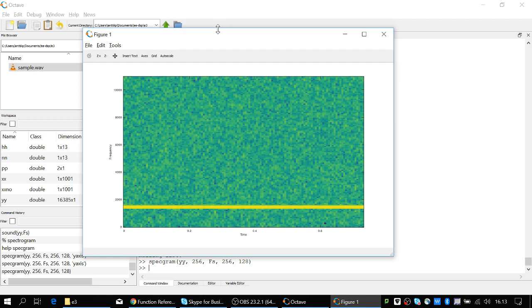Okay, there we go. And that's the spectrogram of the beep from 0 to about 0.7 seconds. So that's 2 to the power of 14 points on that sample rate. It had about, well, 1.5 kilohertz tone. And this speckle here is the noise.